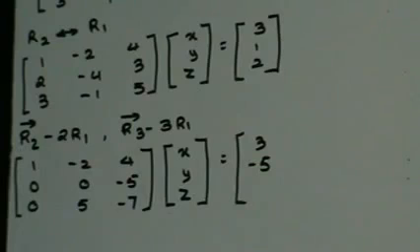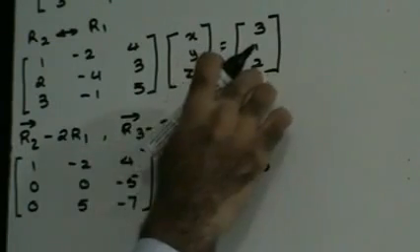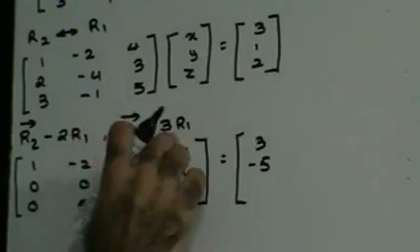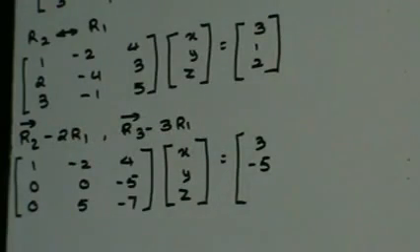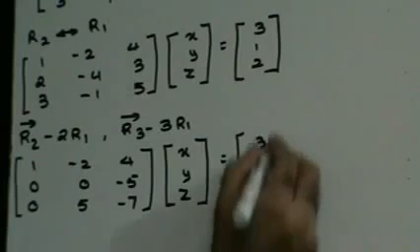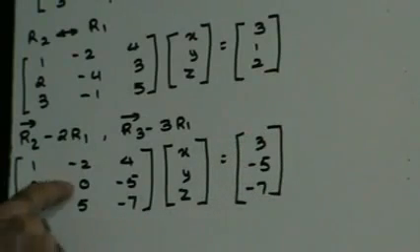Then similarly you have 2 minus 9 minus 7. Now there is no way I can get a 1 here because I already have a 0 here. So what I'm going to do now is interchange R2 and R3.